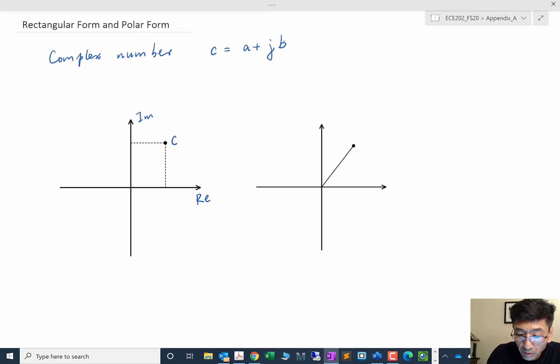So I have two numbers, a and b, but also I have a j. j is the square root of -1, or j squared is equal to -1. Okay? So in this case, naturally we call this the rectangular form.